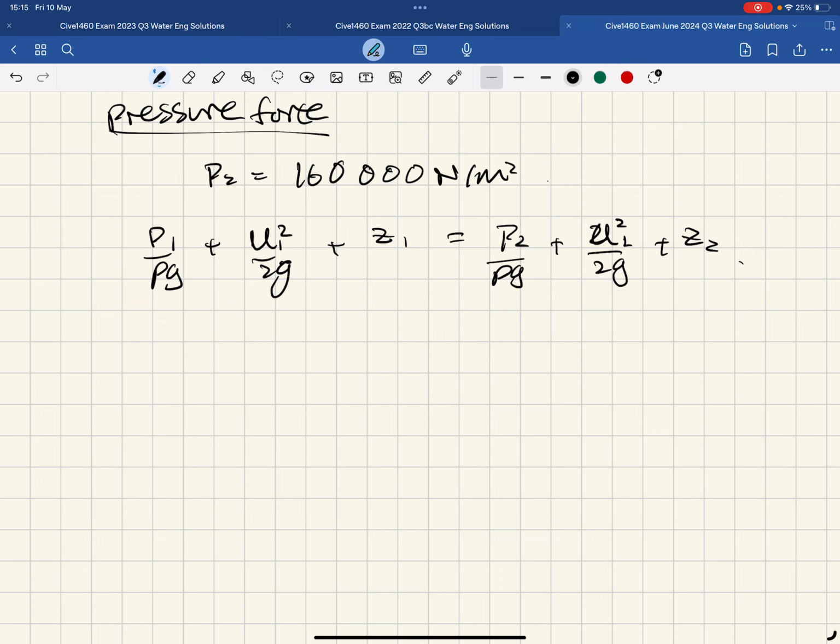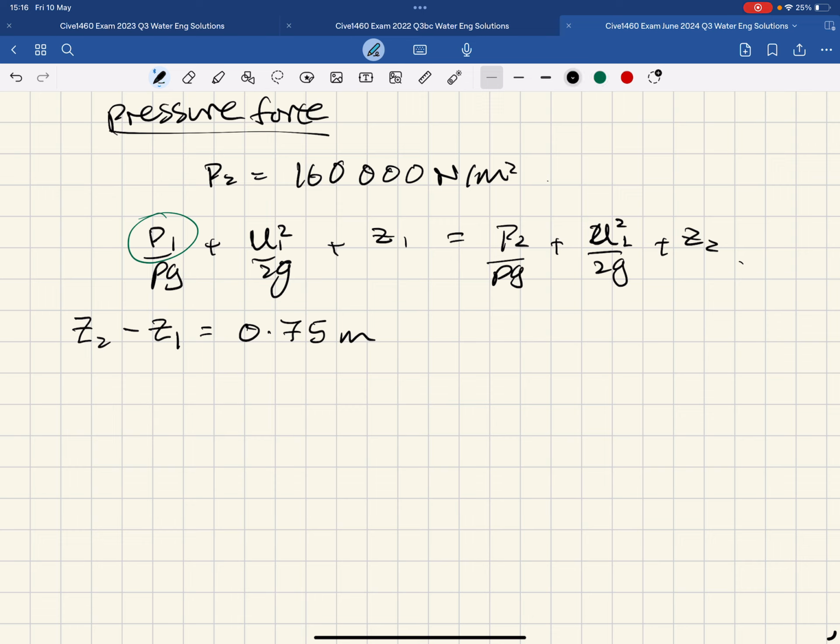We know that Z2 is higher than Z1 by 0.75 meters, so Z2 minus Z1 is 0.75. The only unknown in this equation is P1, so we can rearrange this equation quite simply.